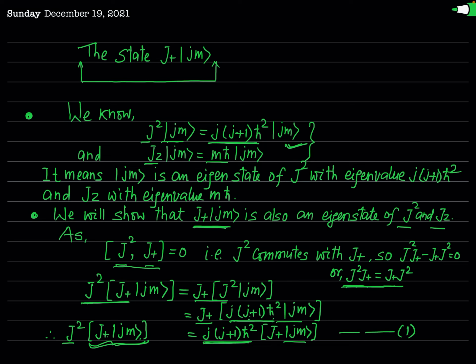So in this way you can say that this state J plus |j,m> is also an eigenstate of the operator J squared with the same eigenvalue j times (j plus 1) h bar squared.